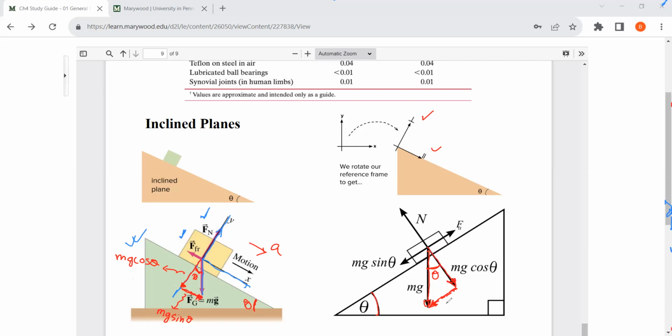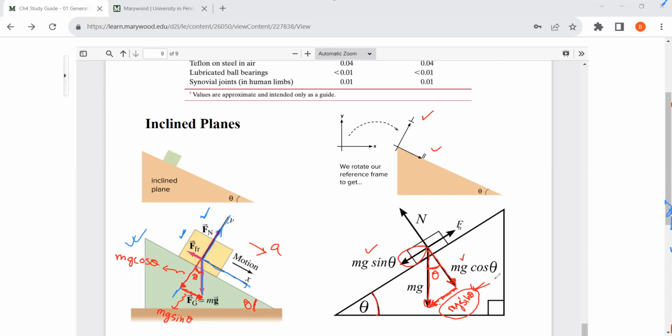Because this is opposite to theta, it will be mg sine theta, and this is adjacent, so it will be mg cosine theta. Here we did not draw it there, instead we drew it here. Since this and this are parallel, they basically represent the same thing.